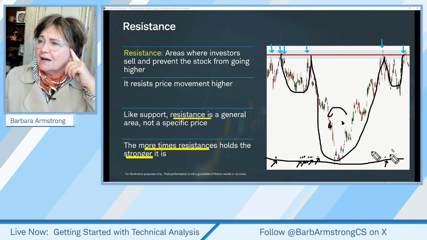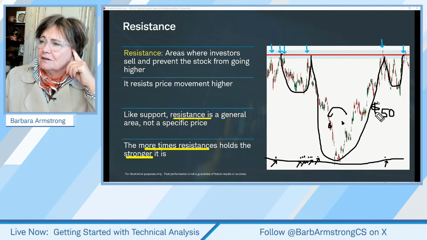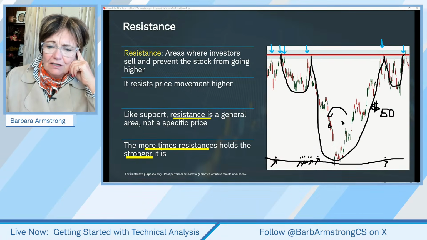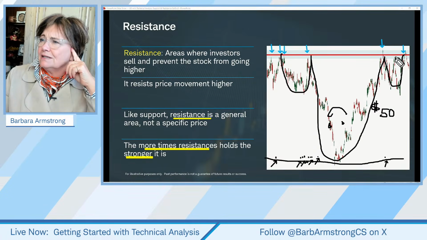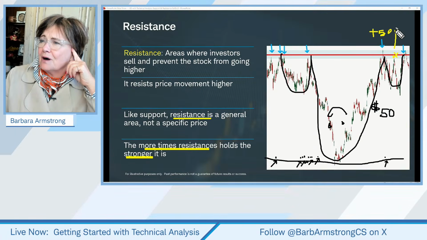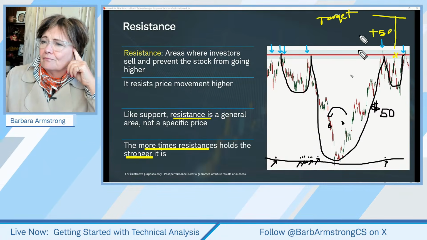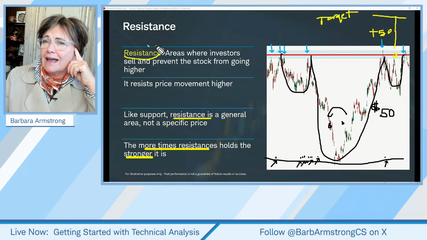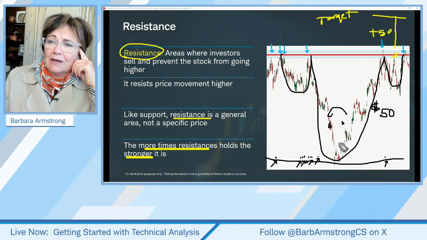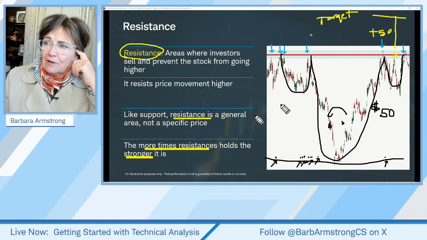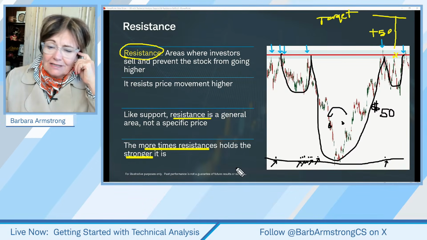And when there is a break above, let's say that this is a $50 wide range, then if you're placing a new target, you might take this price, X, and add $50 to that price to come up with your new target. And that's how we can use support and resistance to determine a target. But here's support, here's resistance.